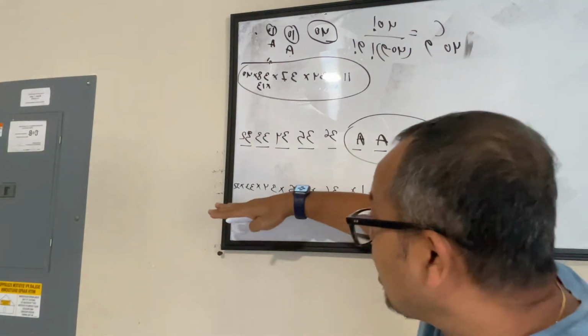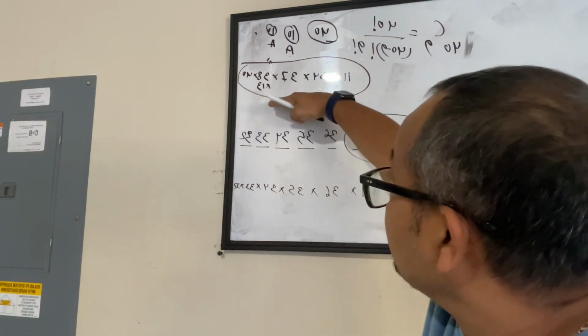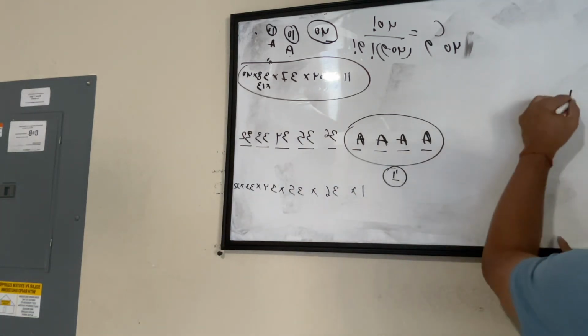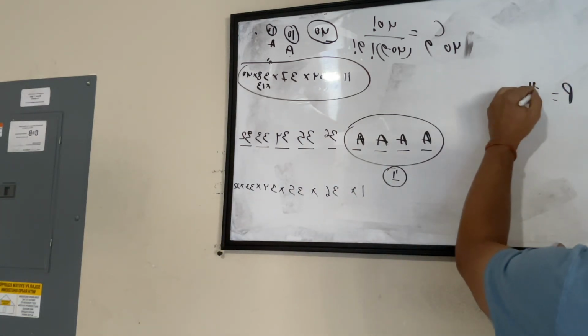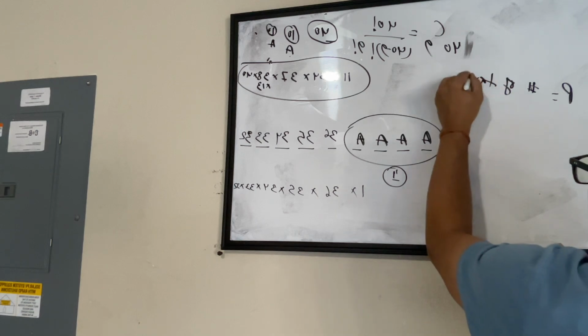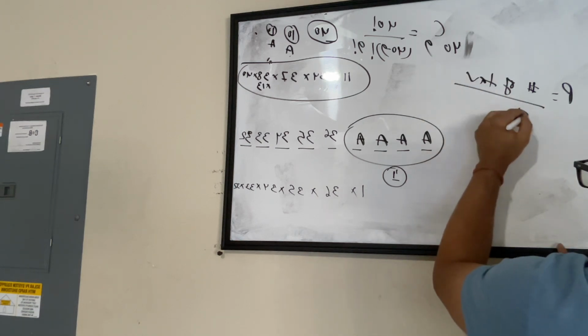So we got the total number of favorable outcomes is this. My total outcome is this. So what is the probability? Probability is nothing but the total number of favorable conditions divided by the total number of options.